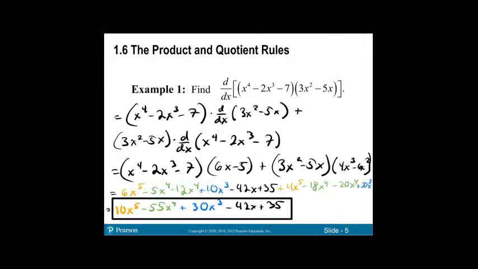Okay, let's see if that should match what they got.